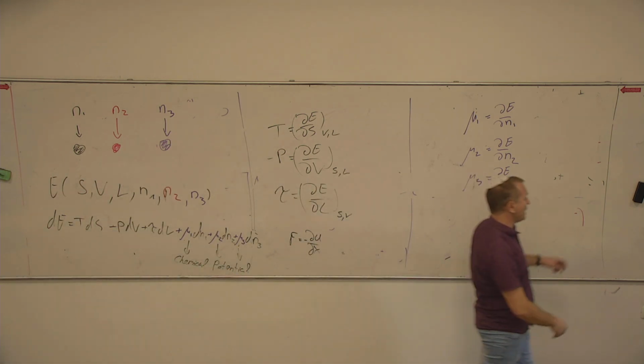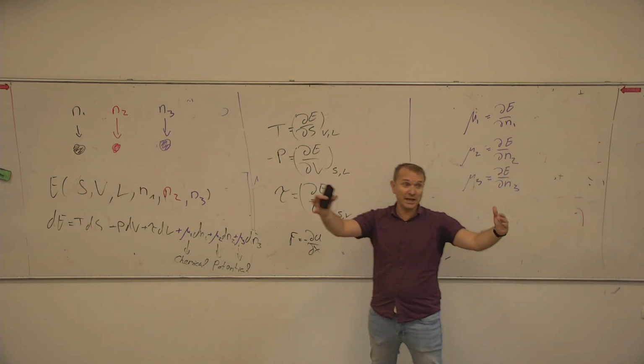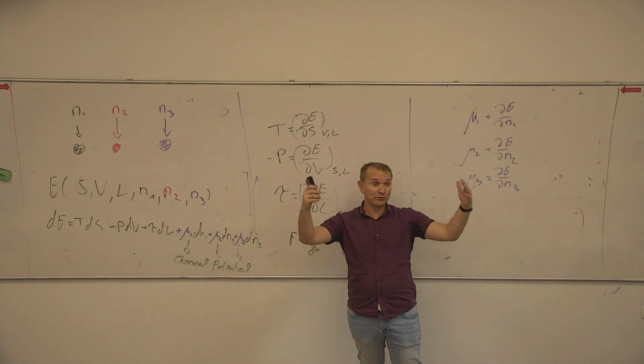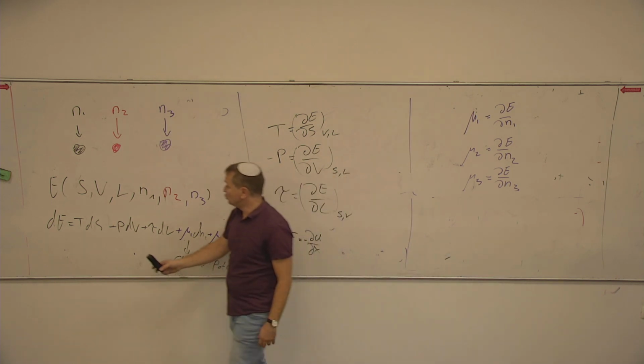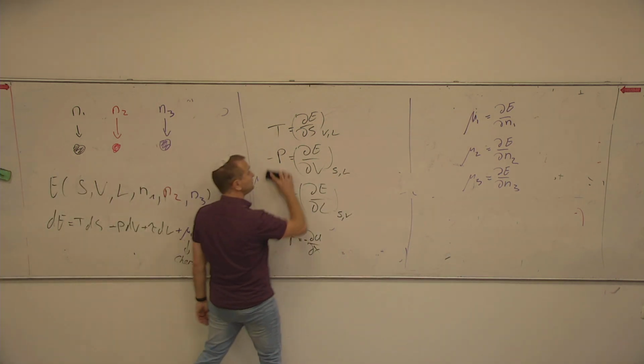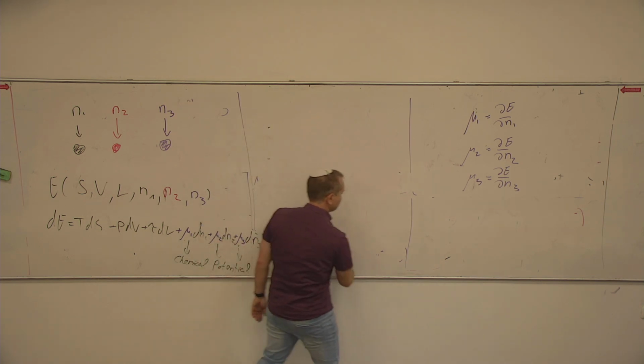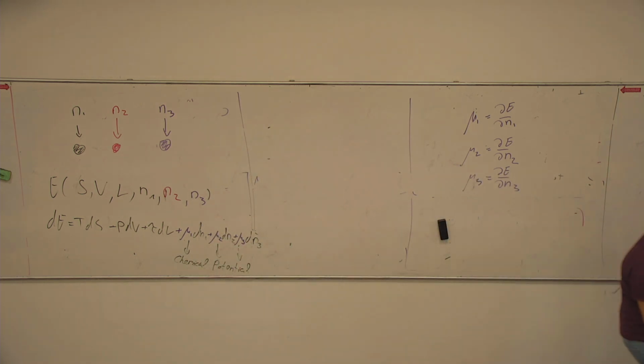So basically what I want to say is I want to perform or to display everything in terms of variables that do not depend on the entropy at all. What I mean is as follows.